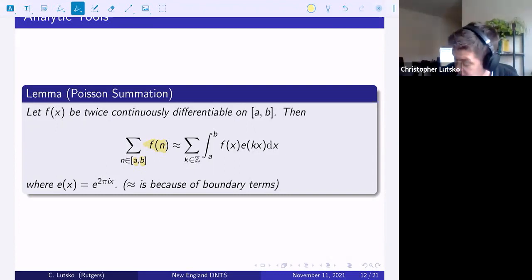So in other words, it's equal to something that looks like a Fourier transform summed over all integers. If my sum here is over the integers, then really it is saying that sums over the integers are equivalent to sums over the integers of Fourier transforms. And there's an approximation sign because of boundary terms, which I don't want to get into. Okay.